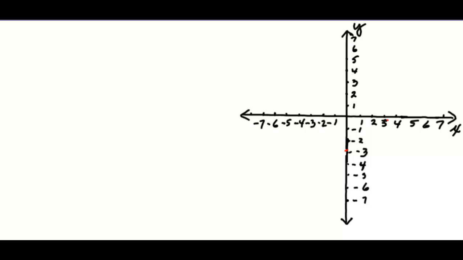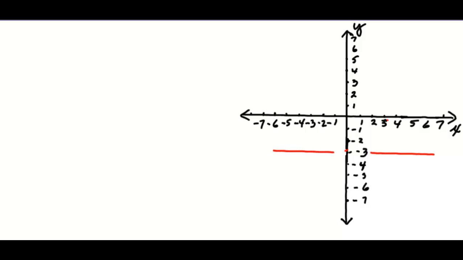So what you do is you go down to the point negative 3, and you just draw a horizontal line across. All right? So it would look a little like this. We go down to negative 3. And it doesn't matter if there's any value for x, because we would just have a horizontal line that goes across like this.